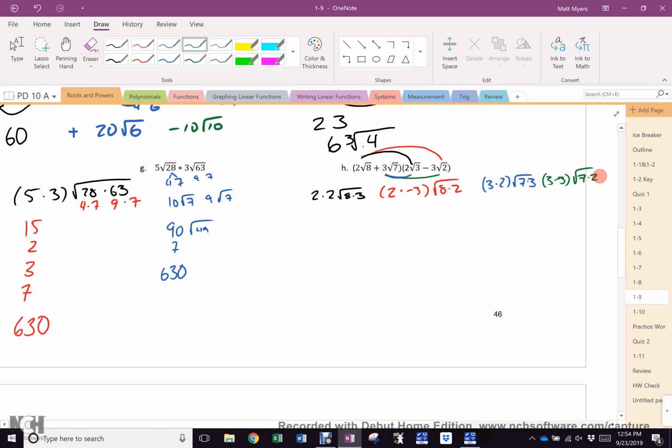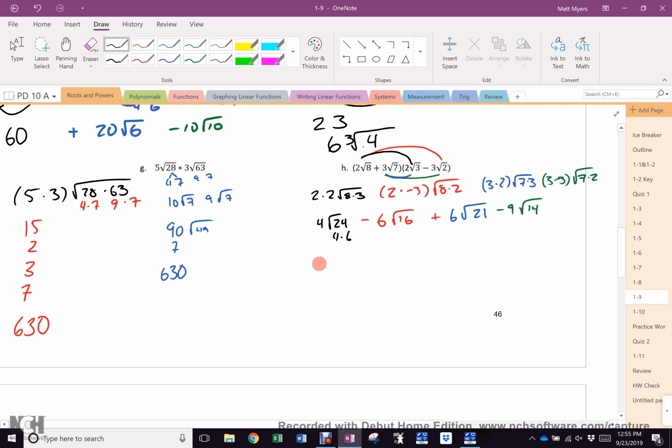And then you did all of your work. 4 root 24 minus 6 root 16 plus 6 root 21 minus 9 root 14. And then you simplified everywhere you could, which is, of course, 4 times 6.